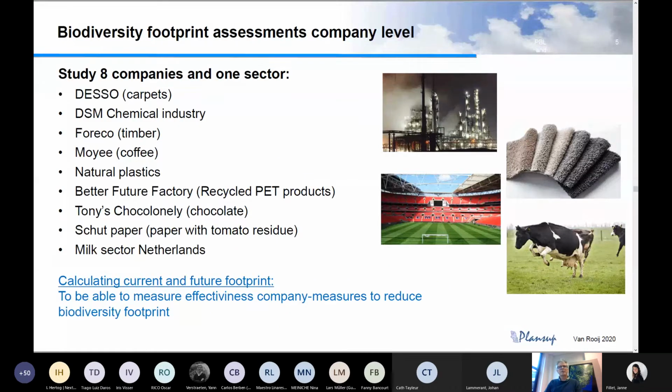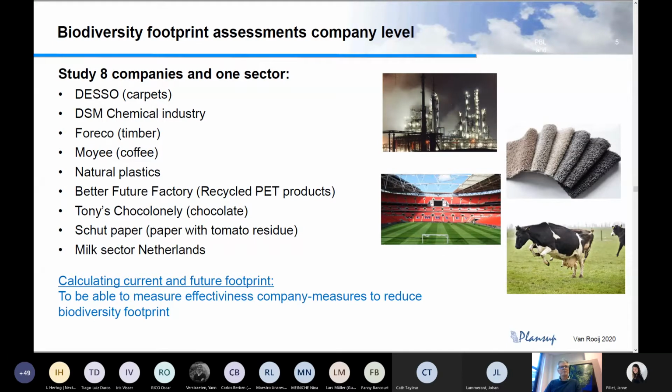So we did, for the government of the Netherlands, 8 case studies in collaboration with different companies. So Desso Carpets, DSM, Foreco, which is timber related, working on sustainably produced timber and made it in such a way that it's less impactful. Moyi Coffee, natural plastics, which make plastics from different products, rest products from potato factories, for instance.